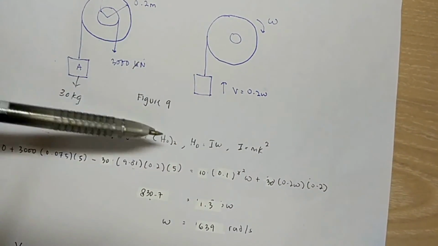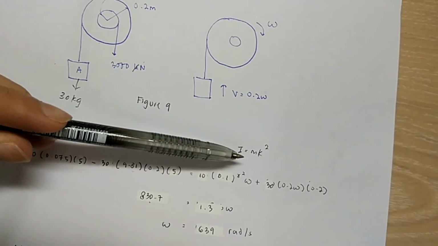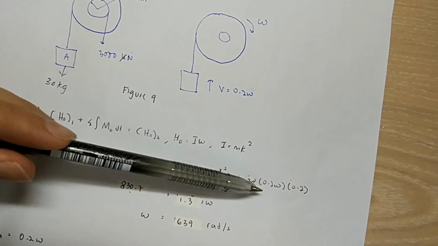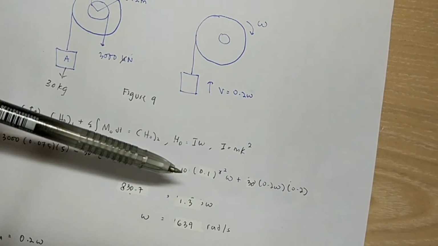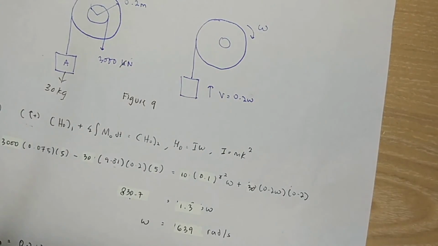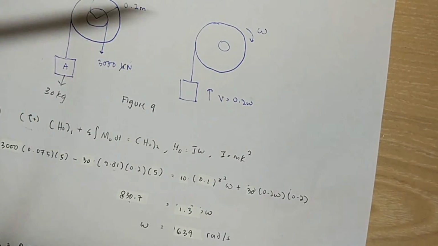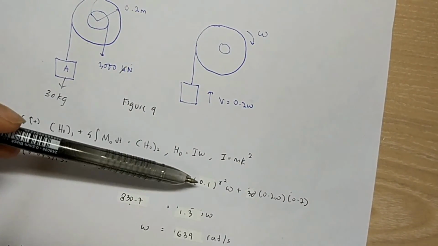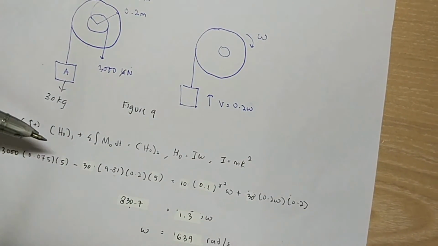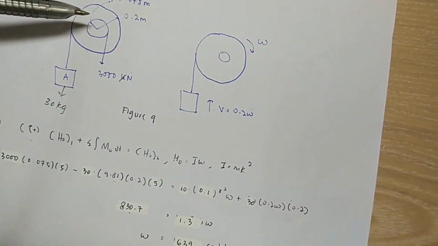Then equal to H02, which is I_G, that is mk squared, times omega plus mvr. We insert the numbers: 10 is the mass of the pulley times 0.1, where 0.1 is the radius of gyration squared, times omega plus 30 kg times 0.2 omega times r, 0.2.